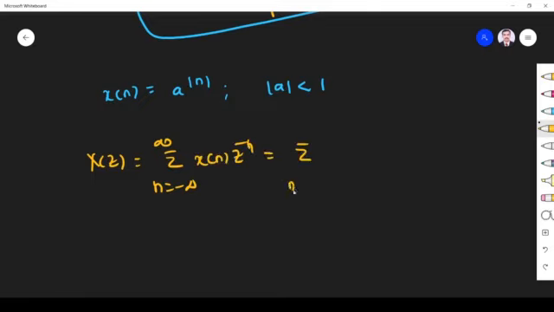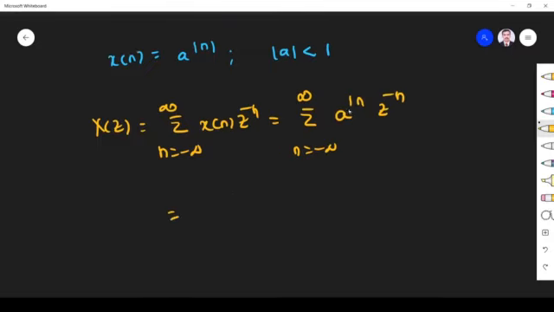So I make it summation n goes from minus infinity to plus infinity of a power mod n z power minus n. Here n takes both positive and negative values. If n is negative, that is minus infinity to minus 1, this will be a power minus n z power minus n.